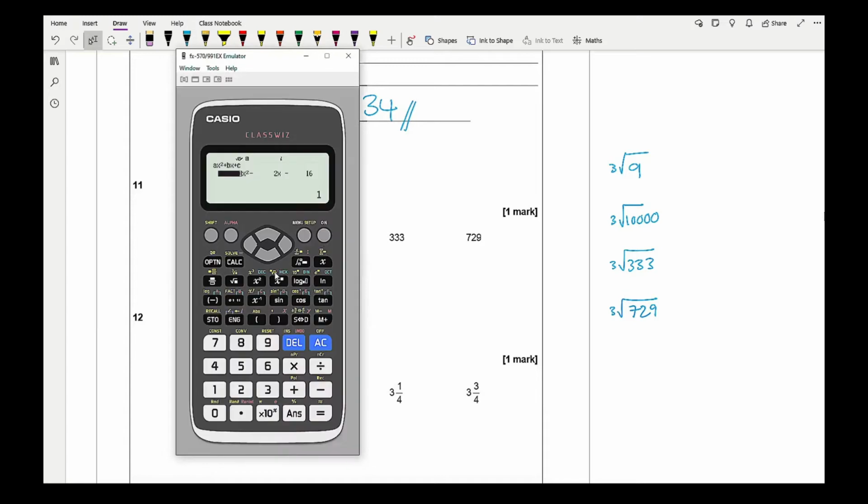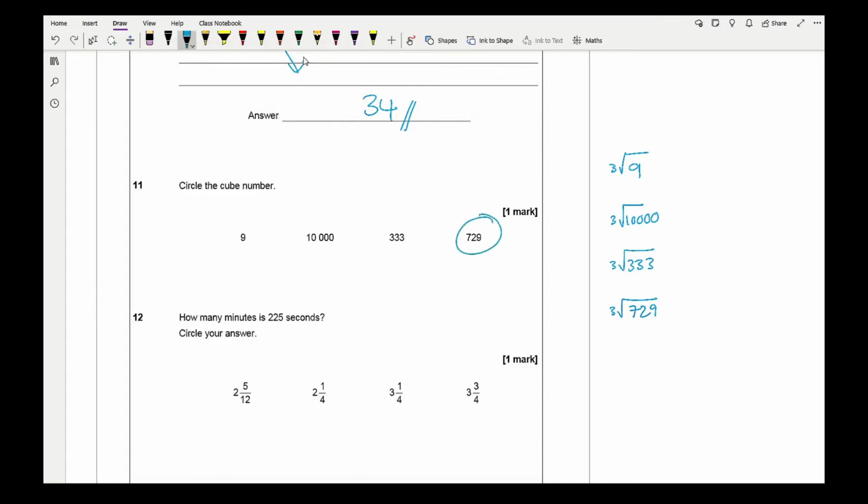If I press shift and the square root button, the cube root comes up. So cube root of 9, no. Let's try the cube root of 10,000. No. Let's try the cube root of 333. No, so it should be the last one. 729, yes it is, so this is my correct answer.